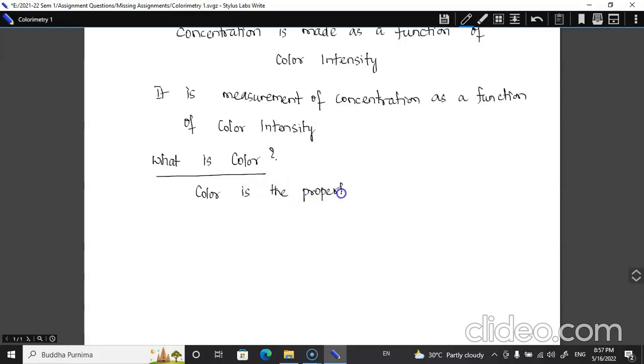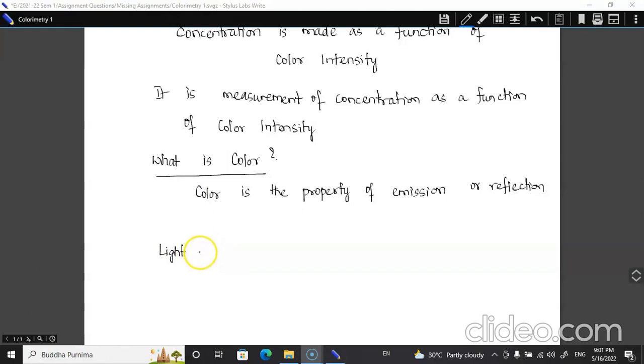Color is the property of emission or reflection. If I take light, so now what is light? Light is a form of energy, we all know about that.